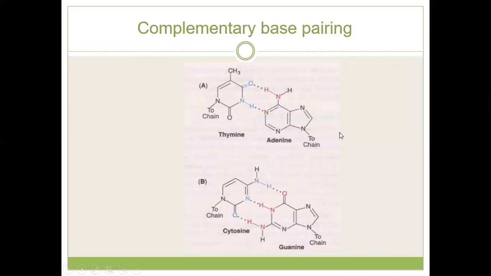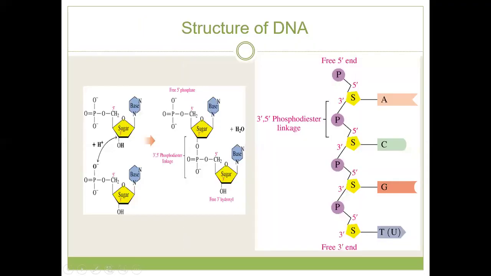So now I'm asking you here, we have a tetranucleotide here containing adenine, cytosine, guanine, and thymine. And the first one is adenine.